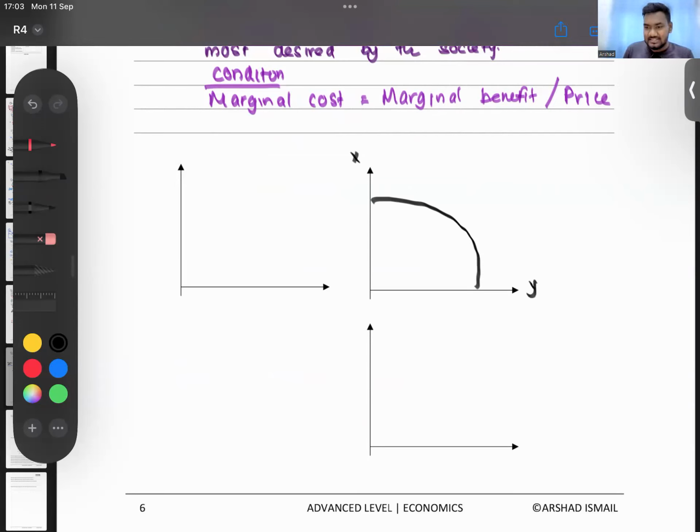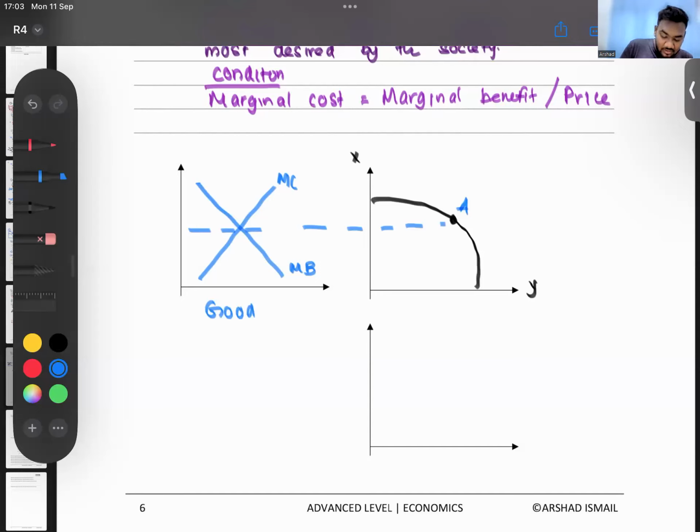Let's say this is the point of economic efficiency, point A. This has to be the point where the marginal benefit and the marginal cost are equal for good X. And on the same side for good Y, also the marginal benefit and marginal cost. This is for good Y.